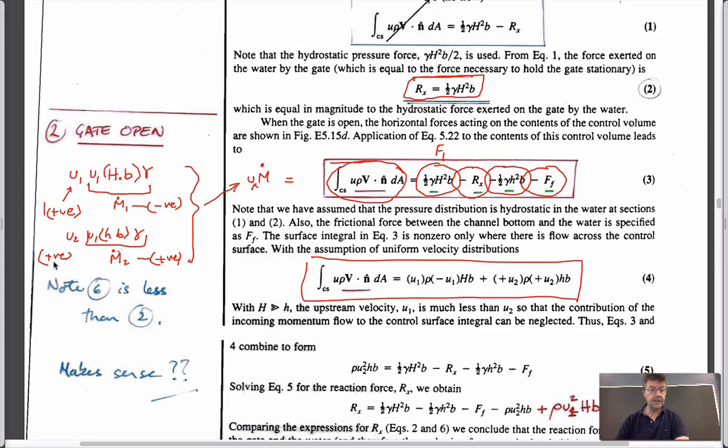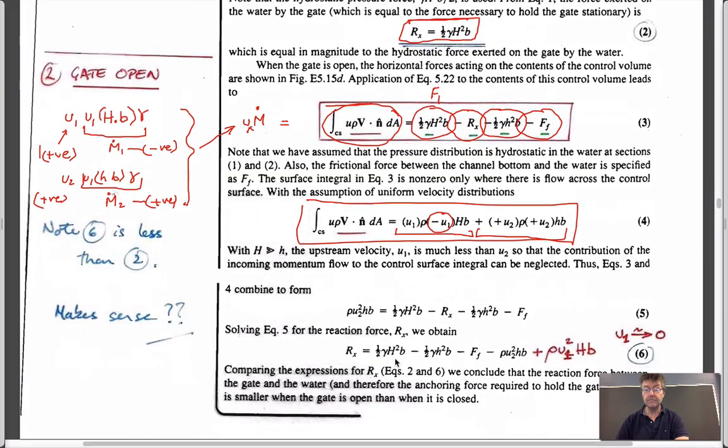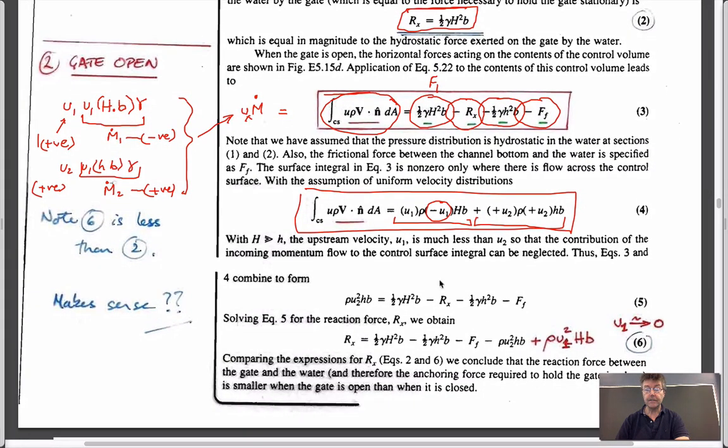We said that this is positive and this is positive, so this term here is net positive. We said that this is positive and this is negative, so this term here is net negative because of this term. And then when you put these together, you end up substituting these components into here.